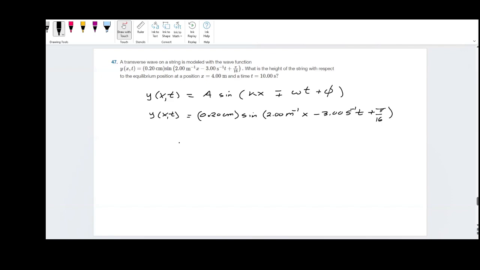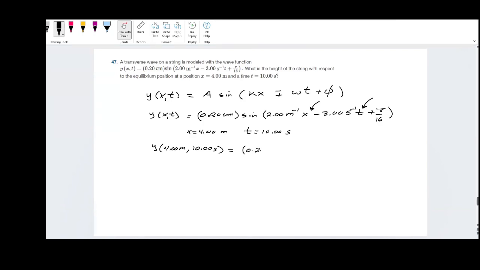So what we have to do is find when x is 4.00 meters and the time is equal to 10 seconds. So we want to find y of 4.00 meters comma 10.00 seconds. So we just substitute the x and the t for those values.